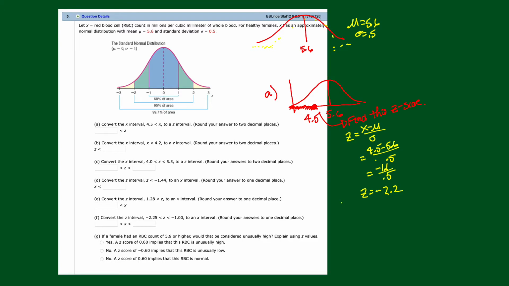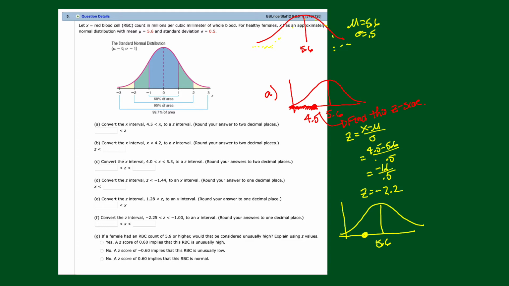So our picture is showing this. I'm just going to draw the whole thing here with x's and z's. We don't need to do this every time, but the x value is, what's the mean? 5.6. Now we're over here at 4.5. And we have 4.5 is less than x.